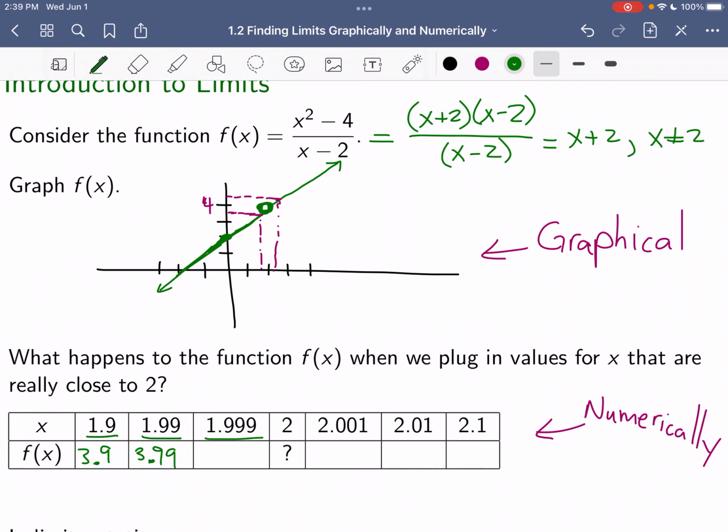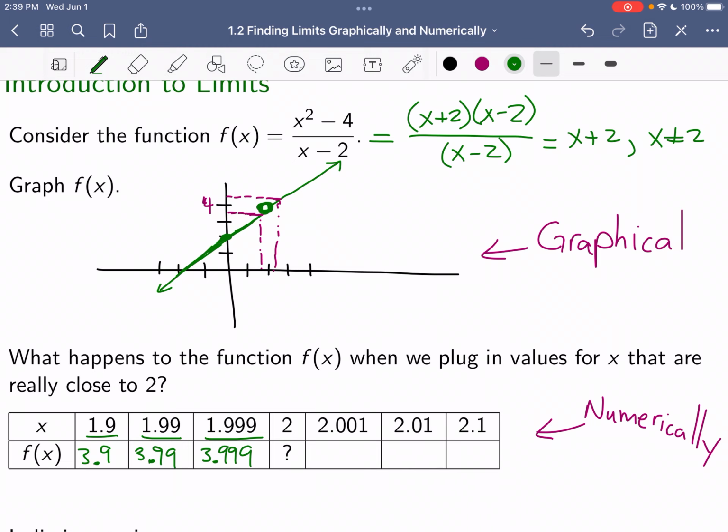If we have something that is 0.001 below 2, and we plug 1.999 in, we're going to get 3.999. So as we have values that are a little bit to the left of 2, but getting closer and closer to 2, it looks like the function value is getting closer and closer to 4.